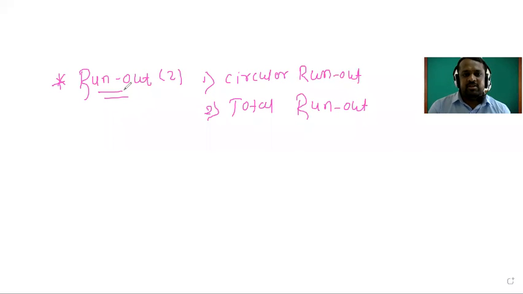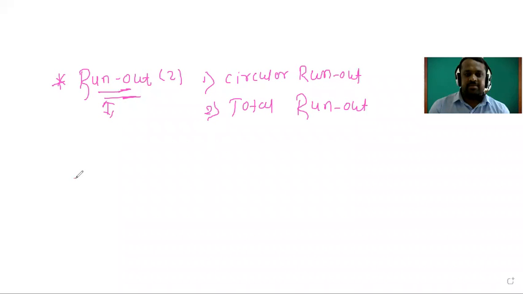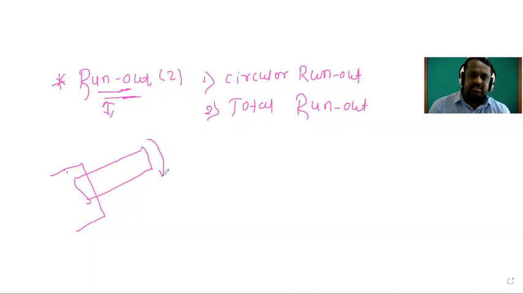Then tell me what is meant by the run out. In Marathi, what is meant by the run out? Suppose this is the shaft, and suppose we have held that shaft in the chuck of the lathe machine and we rotate it.